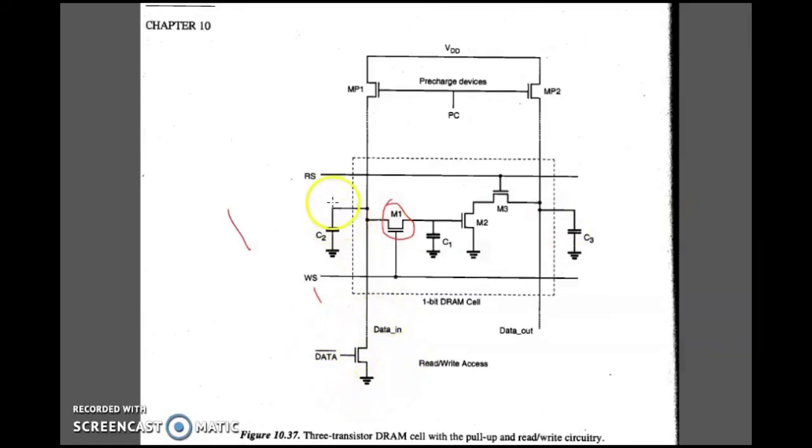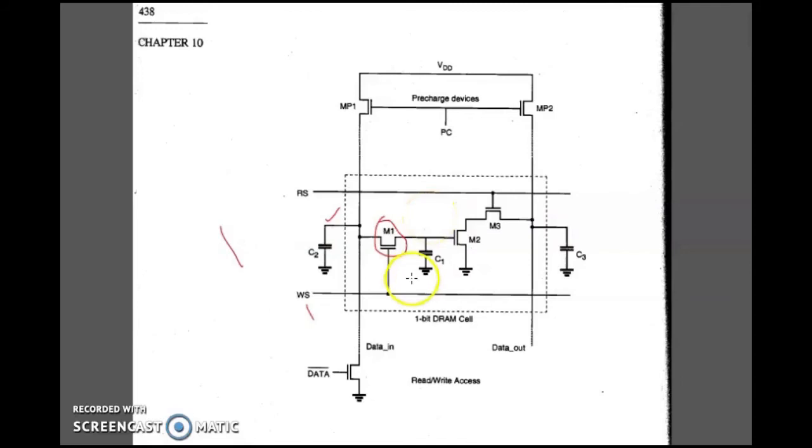So charge sharing will take place between C2 and C1, and the capacitor C1 will get charged, and in this way logical 1 is written onto the memory cell. We know that the presence of charge in the storage capacitor represents logic 1 state.